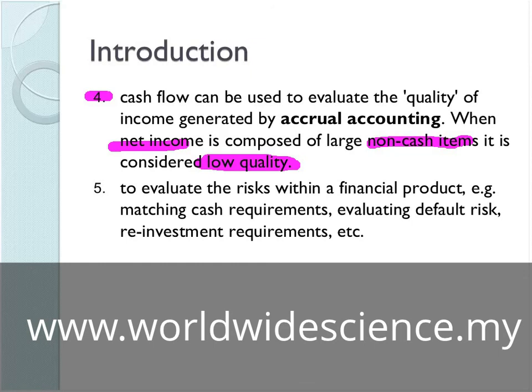For example, I would like to be your partner in business. You're going to buy some products from me, and I can request you to give me your cash flow statement. And based on, for example, the income statement, you have some positive income, so you are a profitable company. That gives me the note that you are a good partner.